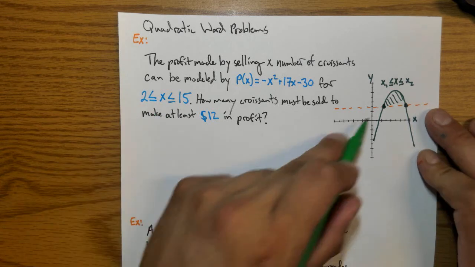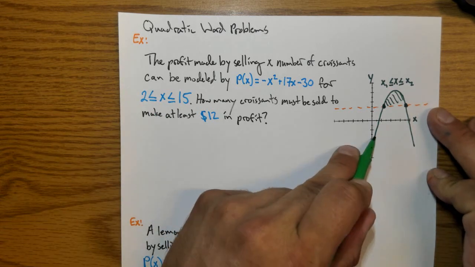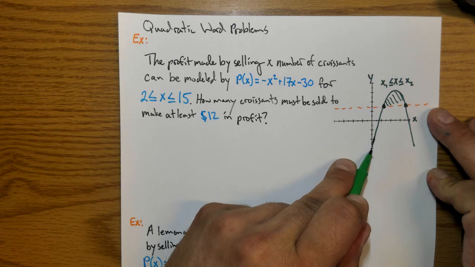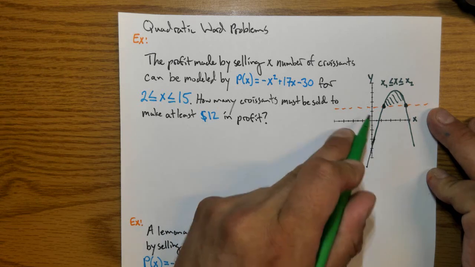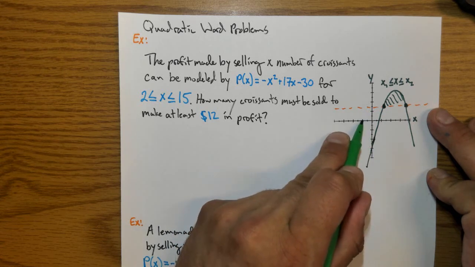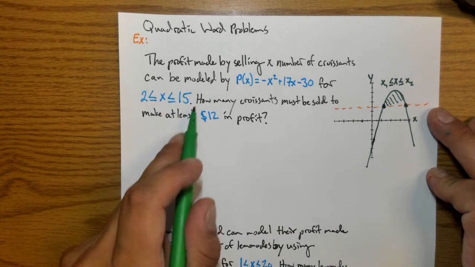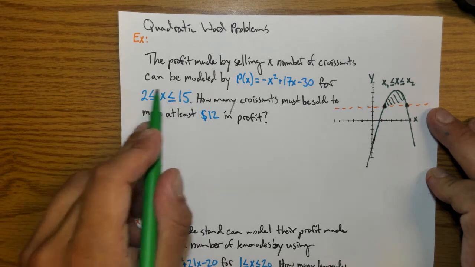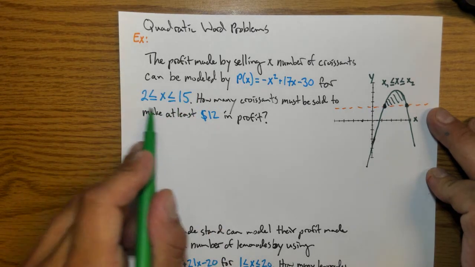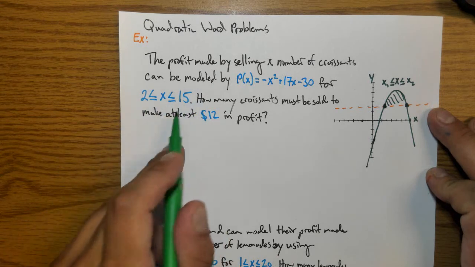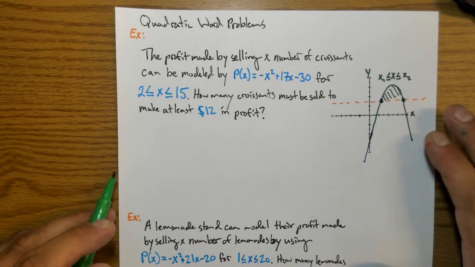Because think, this function goes on forever, right? And if I keep going down here, I can't sell negative croissants, can I? No, so the function falls apart there. So this is just saying where the function makes sense for us, okay? But don't fret over this, okay? This is kind of extra information that we don't really need.